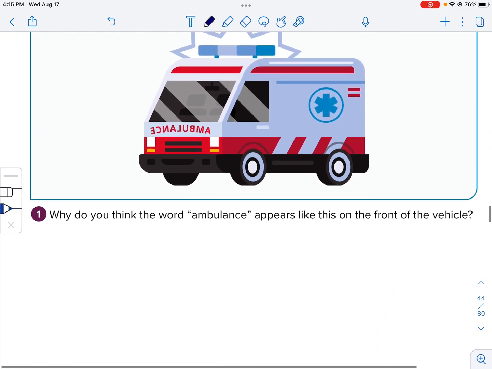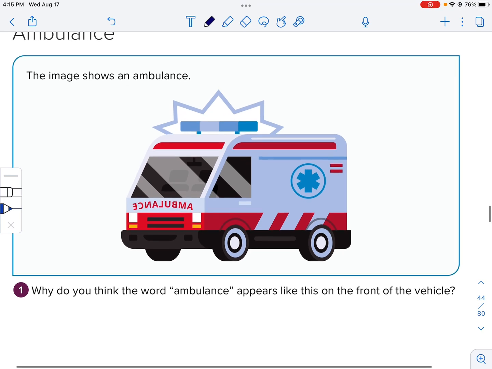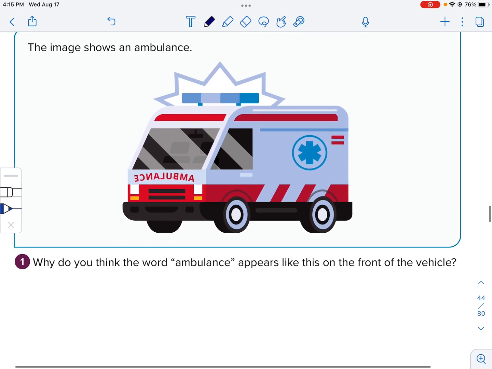Okay, so again, we're doing transformations. We dealt with translations. We're now going to be dealing with reflections. And reflections, again, is a rigid motion, which means that when you do the reflection, you will end up with a congruent figure. So we've got an ambulance here. Why do you think the word ambulance appears in the window like this in the front of the vehicle?